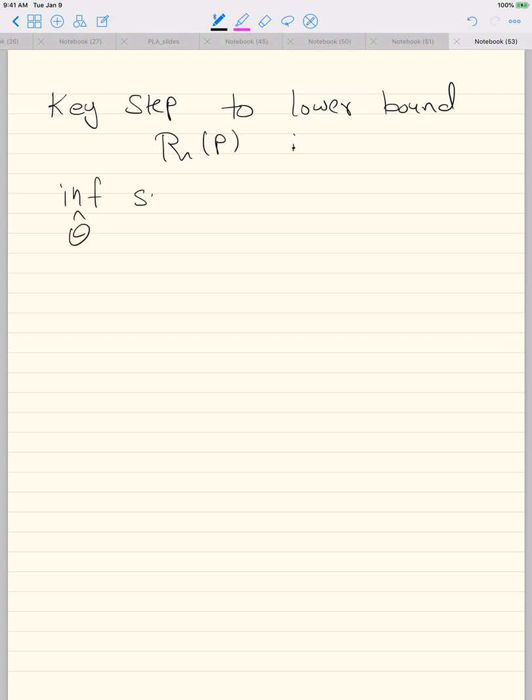So the key step, we don't have time to do the proof today, but the key step to lower bound Rn of p is as follows. We have inf over theta hat sup over p Rn of p.